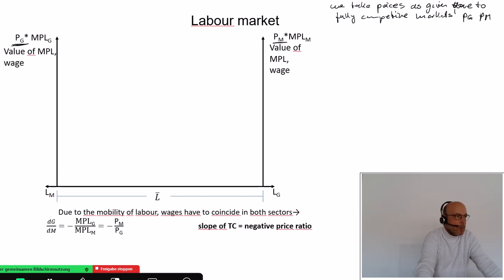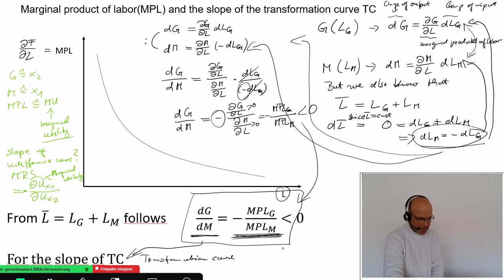So what we do now is we are putting the production situation of our two sectors within one graphic. Let's start, so to speak, with our picture which we have here.